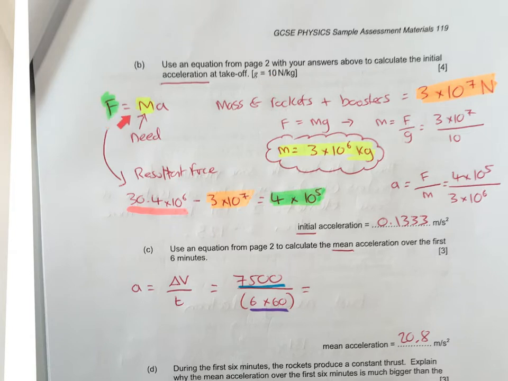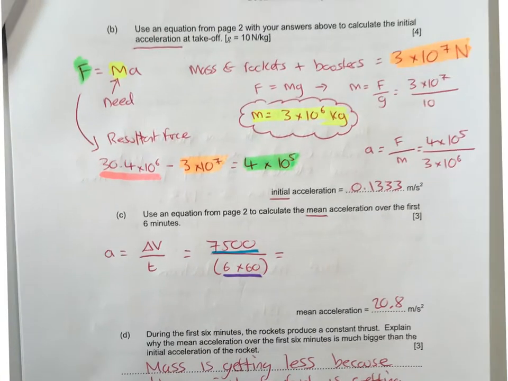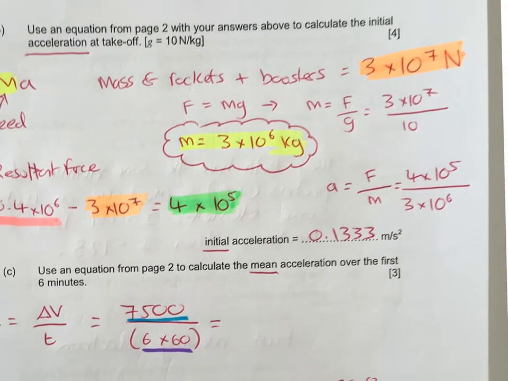In order to use F equals ma, first of all I need the mass of the rocket. It's giving me a weight here, and weight is mg, mass times gravity. So W equals mg.